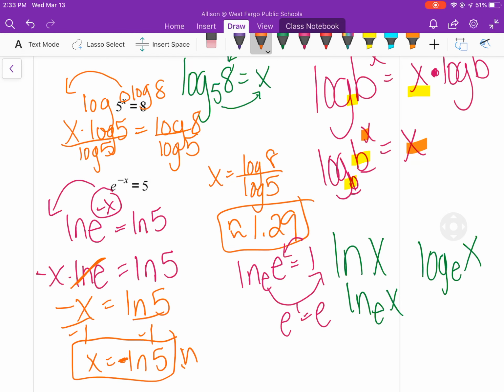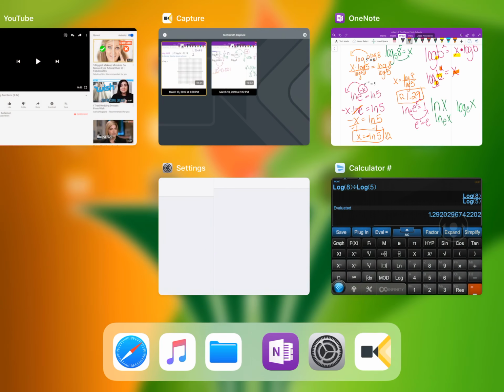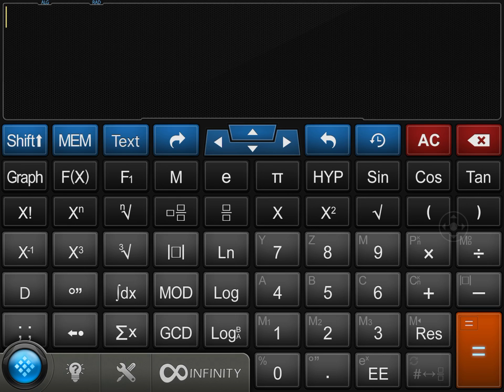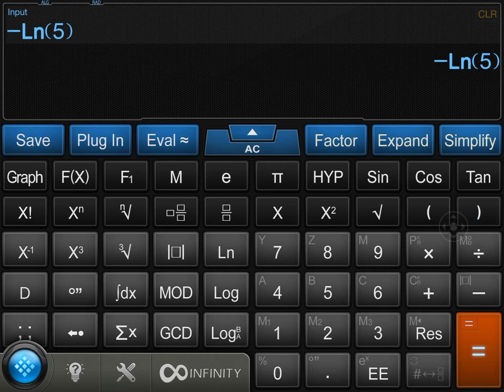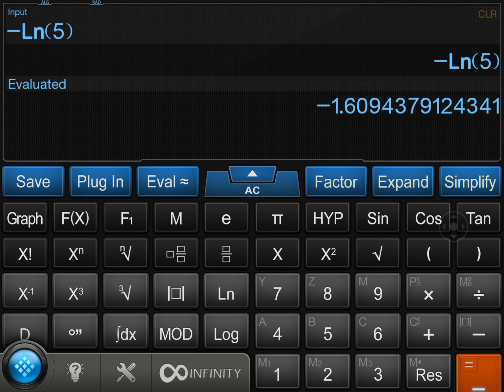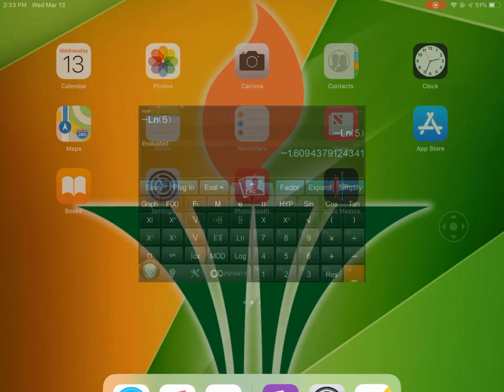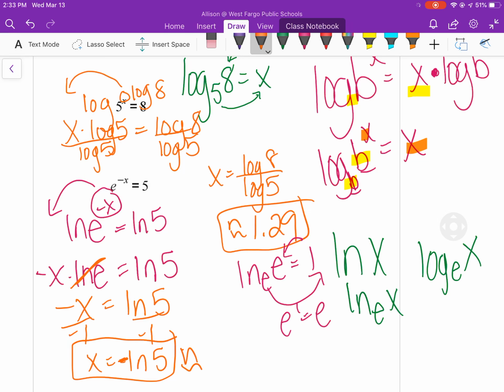In a calculator, if we wanted the approximate value, you would do negative ln of 5, which is approximately negative 1.61.